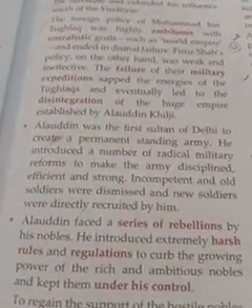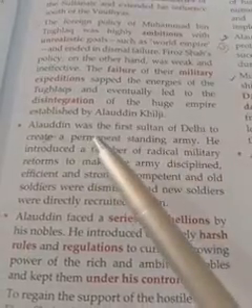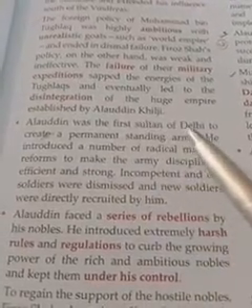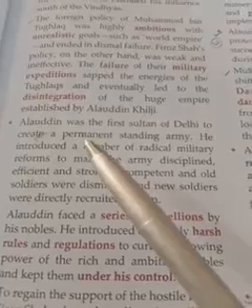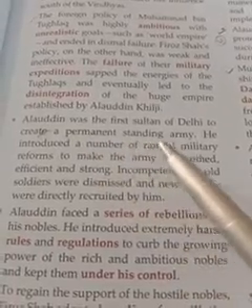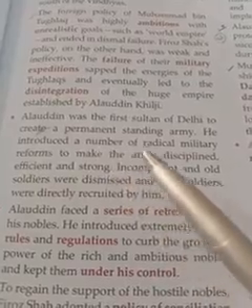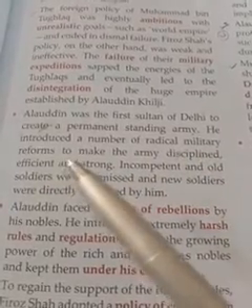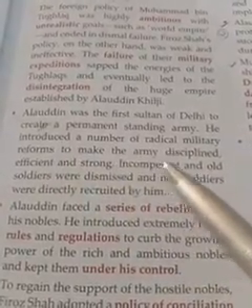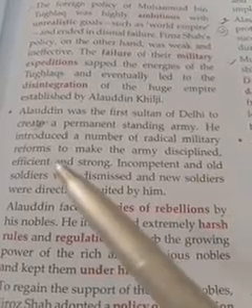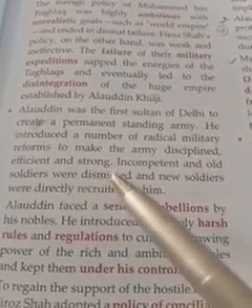Next point we have to see, that is, Alauddin was the first Sultan of Delhi to create a permanent standing army. He introduced a number of radical military reforms to make the army disciplined, efficient, and strong.